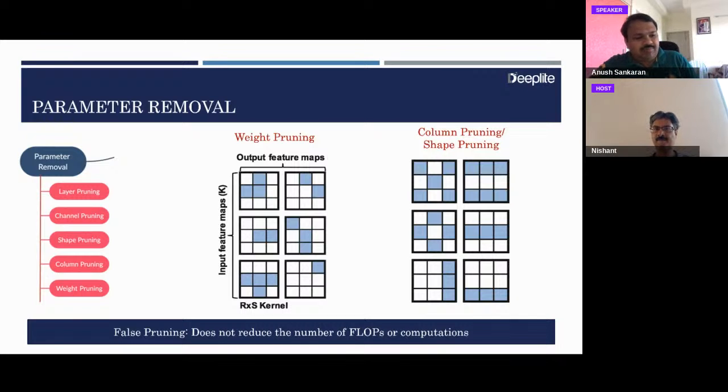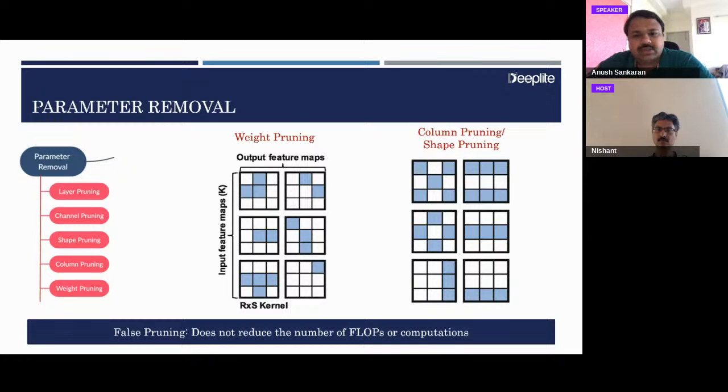Computationally I still have to multiply my input x with a 0 weight, so x into 0 happens. So the number of computations is not reduced, and the number of parameters of my model is also still 100. So we call this kind of parameter removal or compression technique false pruning.